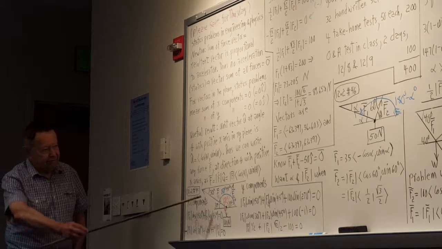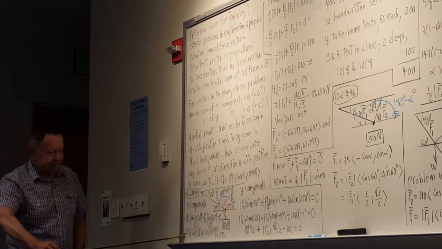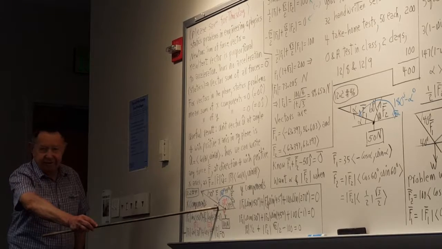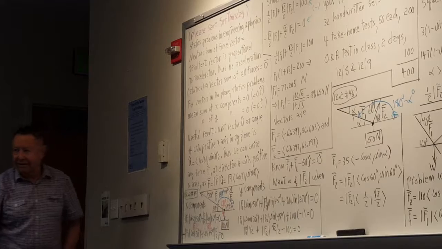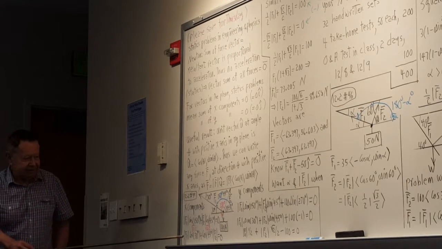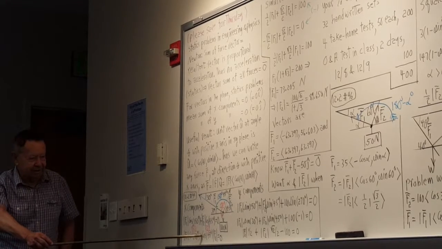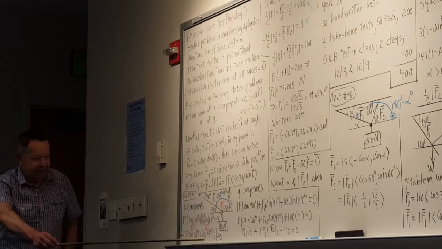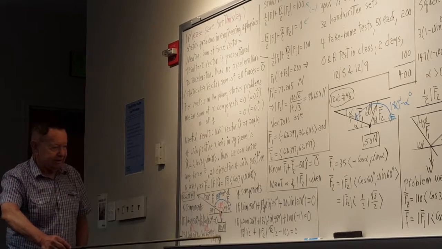And then for your cosine of 150 degrees, it's the same as minus the cosine of 30 degrees, because your second quadrant angle has a negative cosine. So you're saying minus magnitude F1 cosine 30 plus cosine 45 magnitude F2 is 0.